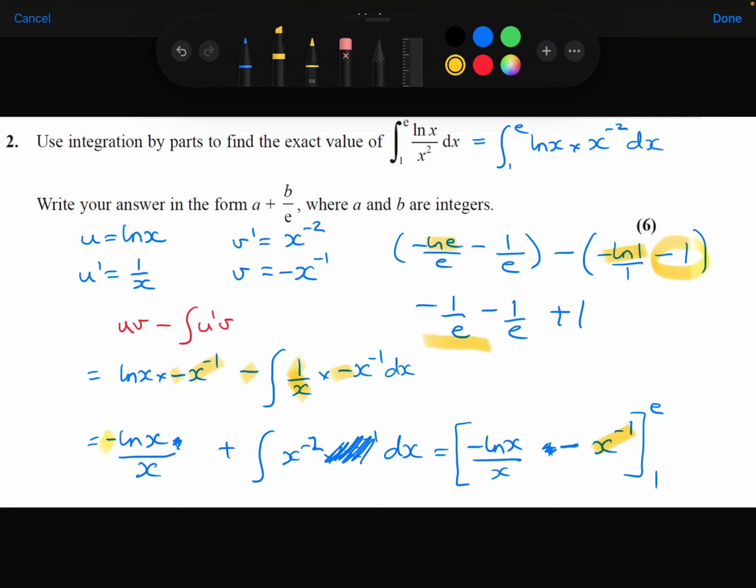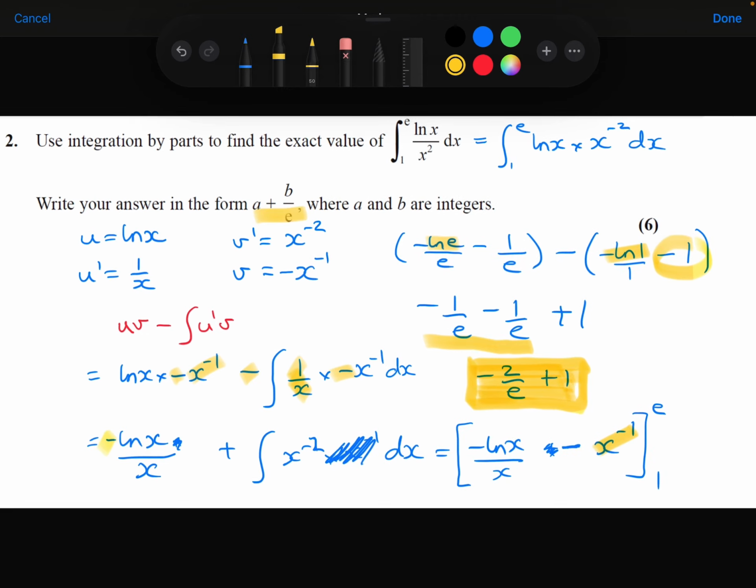Now collecting these two terms together, the minus 1 over e minus 1 over e is the same thing as minus 2 over e. And so this is my final answer. You can see that is in the form we were asked to show.